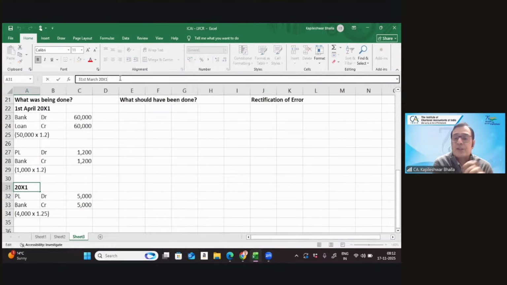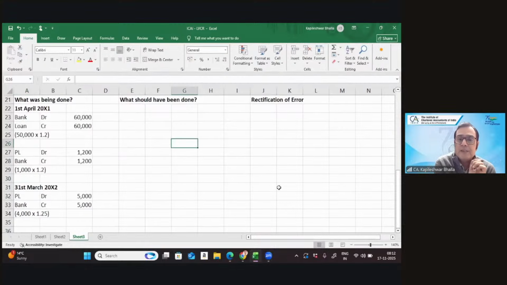So I've just captured the entries the company has done on the 1st of April and on 31st March. This should be X2. These are the entries done at the beginning of the year when the loan was taken, and this is the entry done at the end of the year. Now, instead of entries, I want to make a ledger account to capture the things. Remember when we did Ind AS 21, if you've taken those regular sessions, you would recall I always said that if there is a foreign currency involved, you can make two columns on the amount side, one in the foreign currency and one in the functional currency.